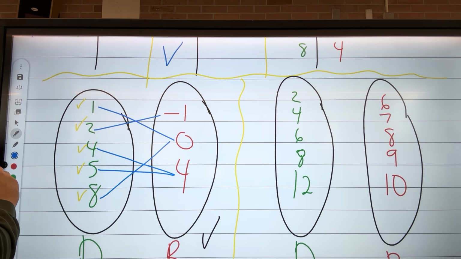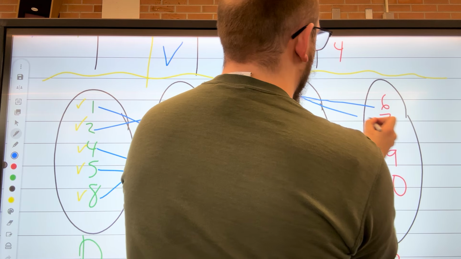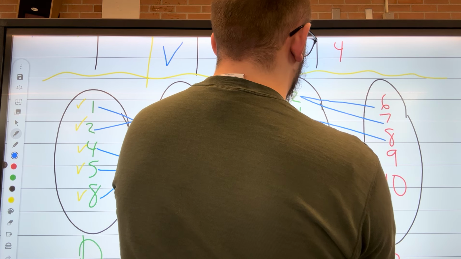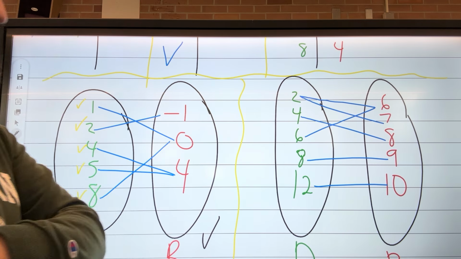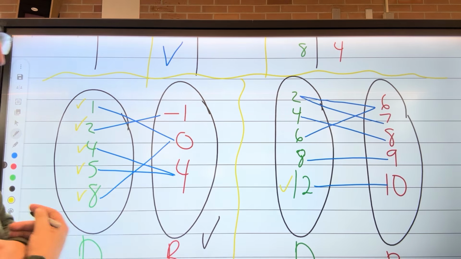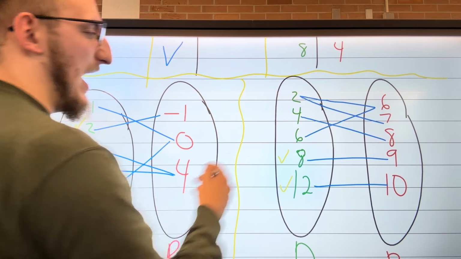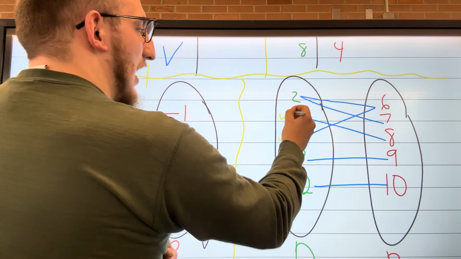Now that's in contrast to this one. Let's look at this. I know it's kind of sloppy, but 12 only takes you down one road. 12 only has one thing coming from it. I'm cool with that. 8, I'm cool with that. 6, I'm cool with that. 4, I'm cool with that.